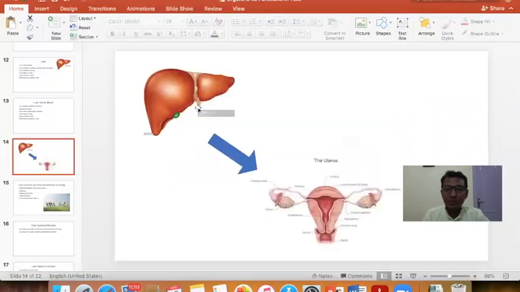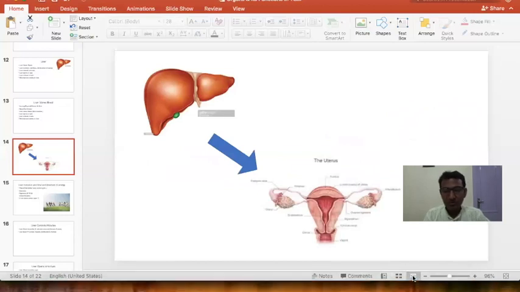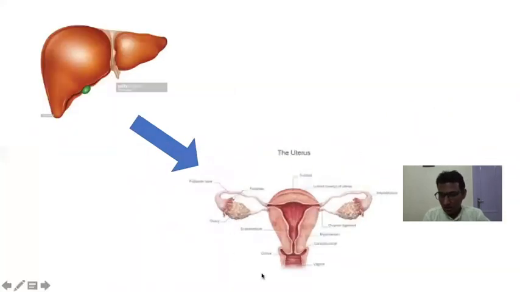So I come back to the uterus. In TCM, the uterus is not considered as an organ. The liver is considered an organ, because the uterus is an auxiliary organ, or a secondary organ you can say, of the liver.